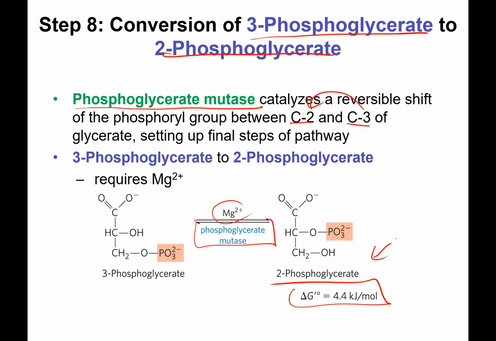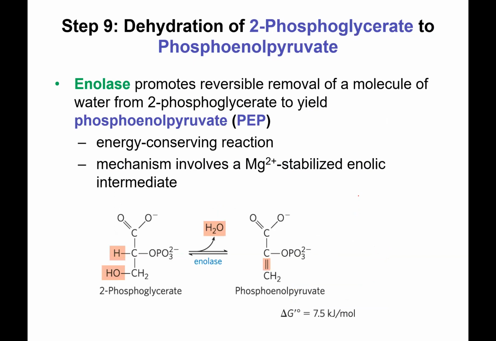We've only made one set of ATP, so this phosphate is going to have to be given up eventually. We know by the time we get to pyruvate, we don't have any more phosphates on our molecule, right? We still have one more step to go before we give up this phosphate. So we're going to take the 2-phosphoglycerate and form a molecule called PEP, or phosphoenolpyruvate.